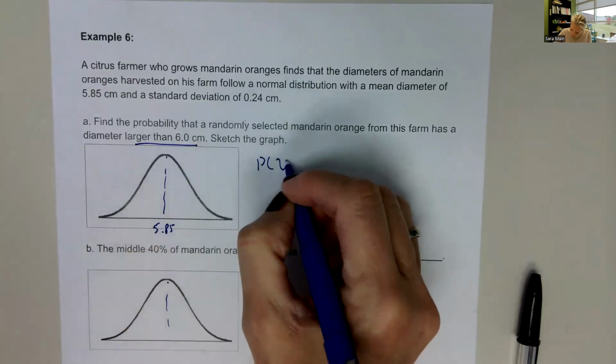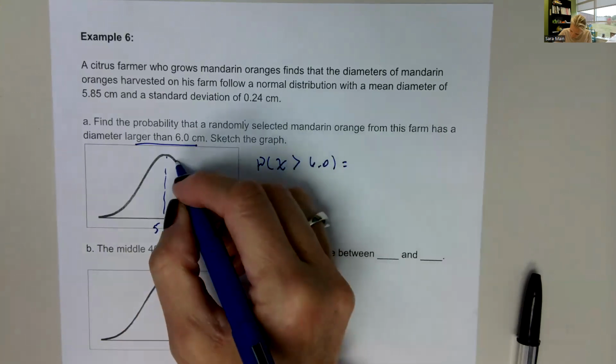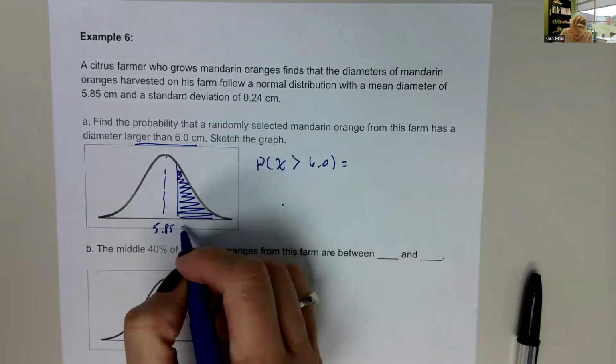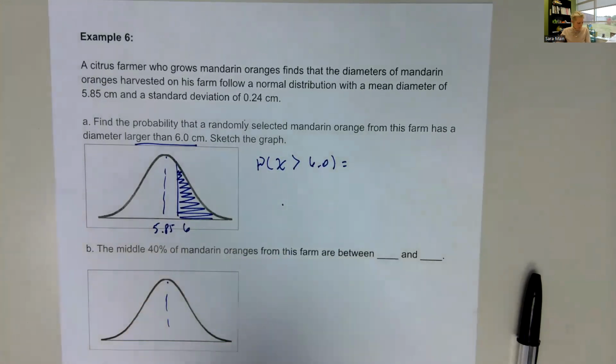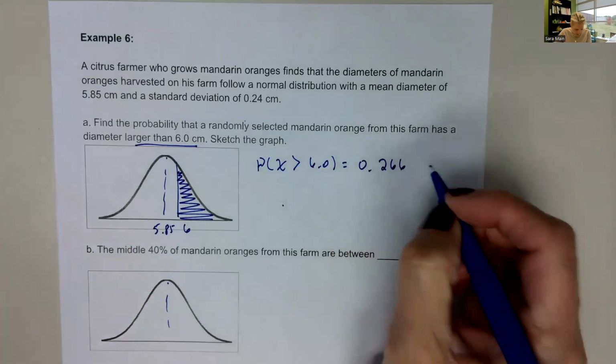The probability that X is larger than 6.0 is 0.266.